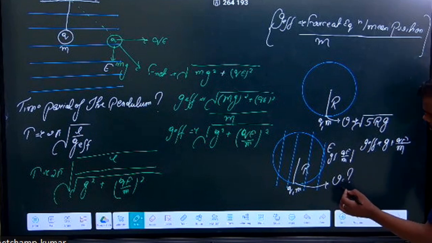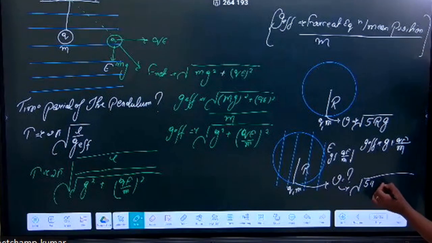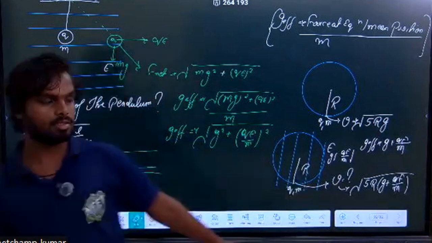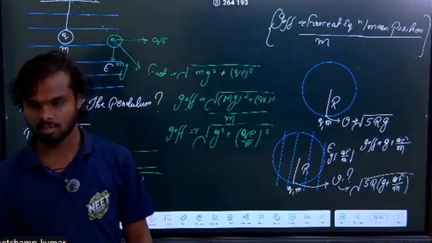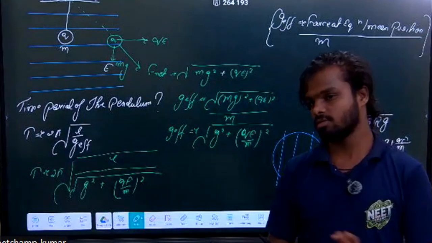So what is my velocity then? Then the velocity will be root over of 5 R into (g plus qE by m). Simple. This is my velocity. You just have to replace g by g effective. Are you able to understand what I am trying to say?